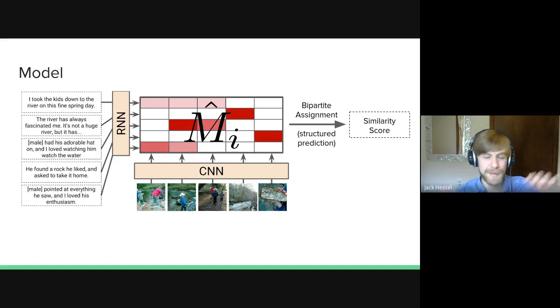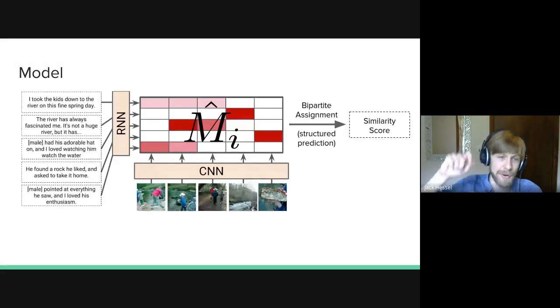If you think back to your intro graph theory class, a bipartite assignment is a discrete optimization process by which you select entries of this matrix to maximize a similarity score, subject to the constraint that a single image can only be assigned to at most one sentence and vice versa.